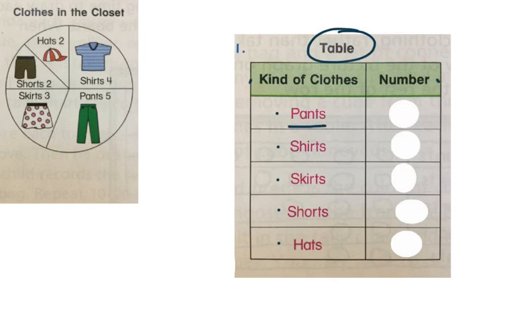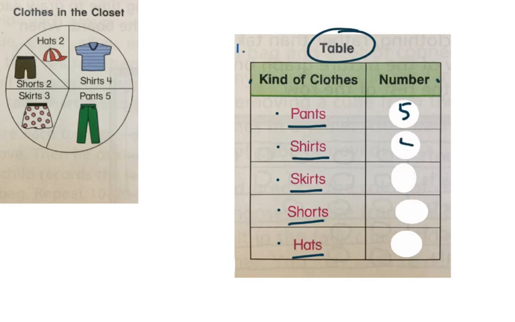So first, pants, shirts, skirts, shorts, hats. Those are all the different kinds of clothes that were in our circle graph. So we write those down, and it doesn't matter what order. So pants, now the next thing, you got to go straight across, and you got to write how many pants there were. So I'd write down the number 5.